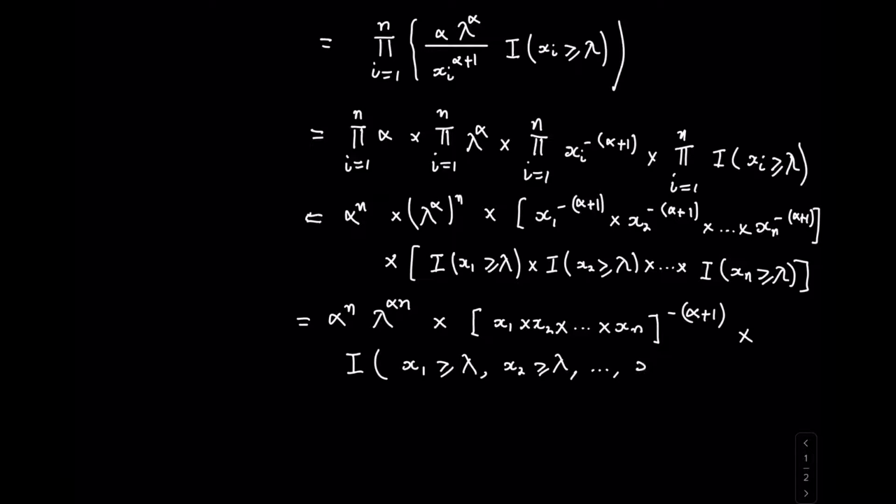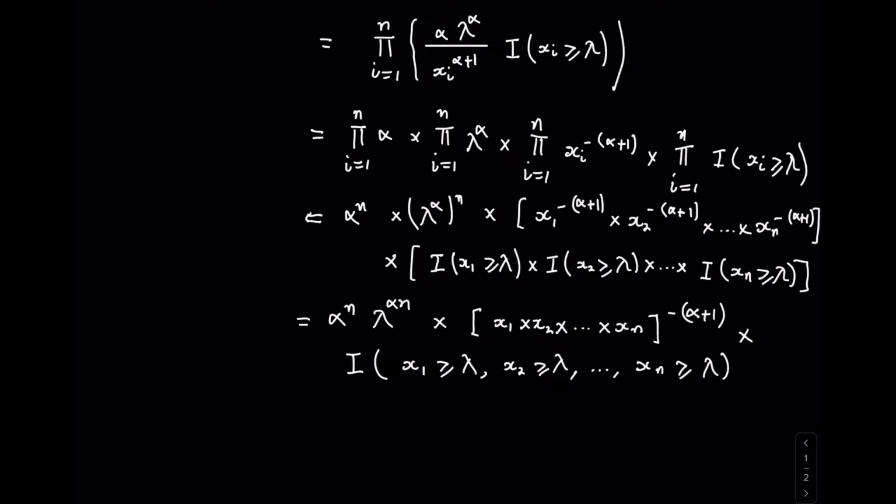In fact, all of the data points are greater than lambda for this to hold true. That is the equivalent indicator function, because if all of these are true, it's equal to 1, and if one of them doesn't happen to be true, then it's 0, as with the one above.